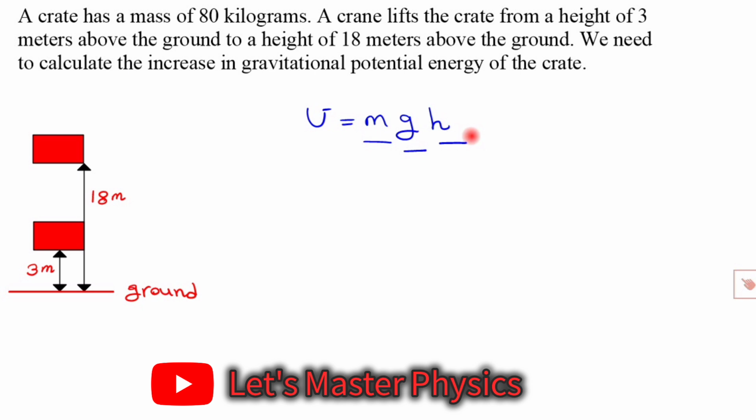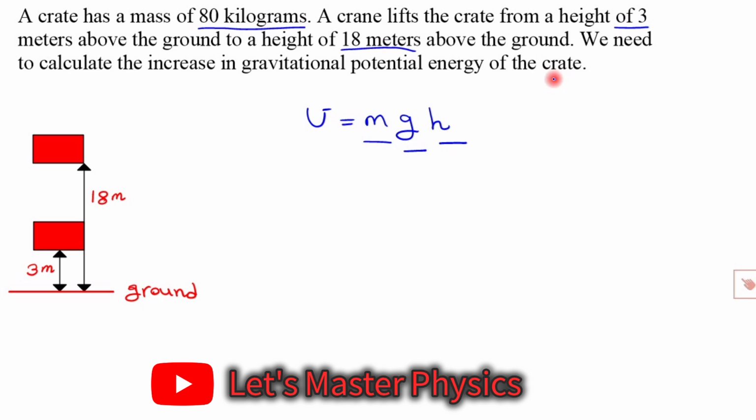Let's start by identifying the values given in the problem. Mass of the crate is 18 kilograms. The initial height of the crate is 3 meters and the final height of the crate is 18 meters.